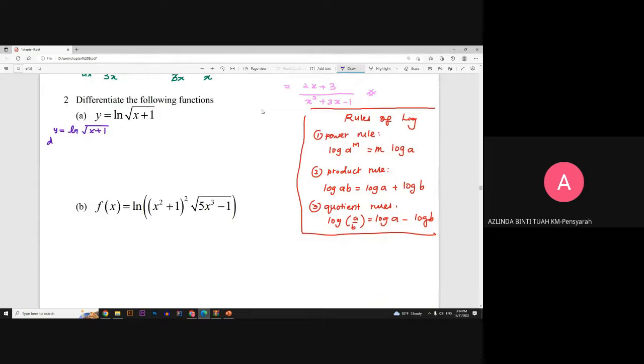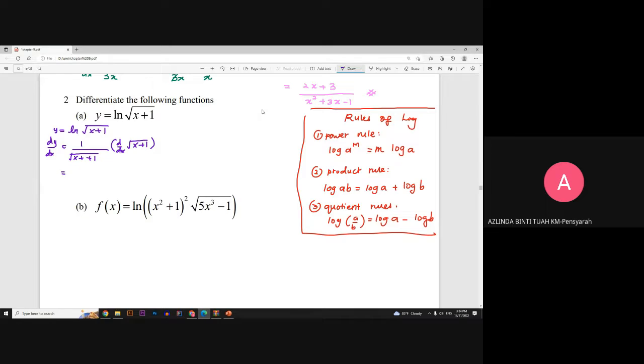Okay, so dy per dx equals 1 over the function. Then we will differentiate its power, the square root of x plus 1.